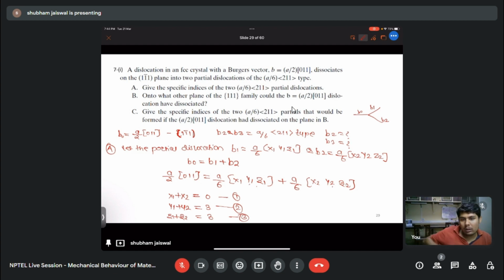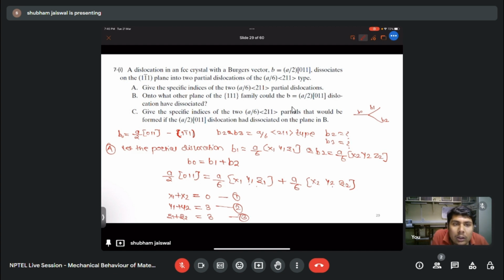We put the value of B naught as a by 2 0 1 1, and we put the values of B1 and B2. It's just a summation, so we got x1 plus x2 equal to 0, y1 plus y2 equal to 3, and z1 plus z2 equal to 3. So here we have 6 unknowns and 3 equations. We cannot solve, so we need some more equations to solve it.